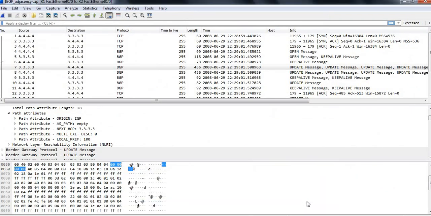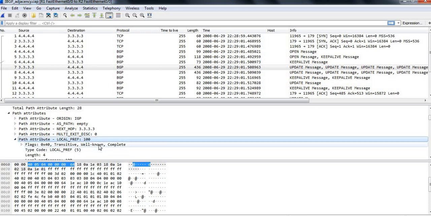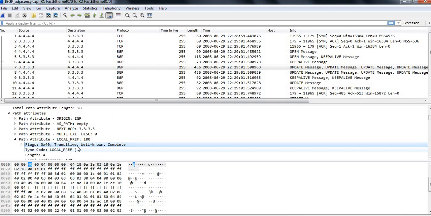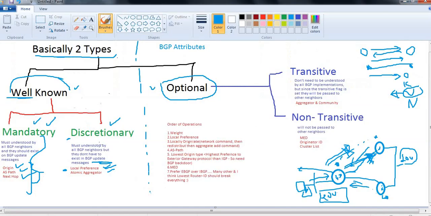In the iBGP neighbor, I had configured local preference. So you could take a look at local preference. It is shown as well known. This is a well-known attribute and this is a transitive attribute, right? So this is a well-known transitive attribute, or you could say that this is a discretionary attribute, which doesn't have to be carried in the update packet. I hope these two attributes are clear, mandatory and discretionary.